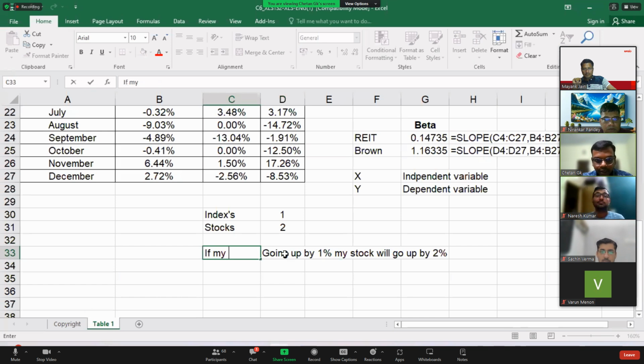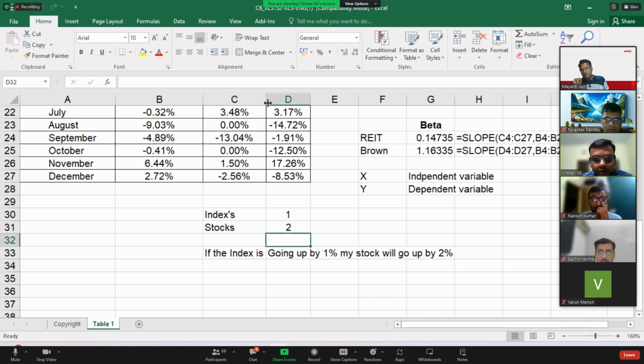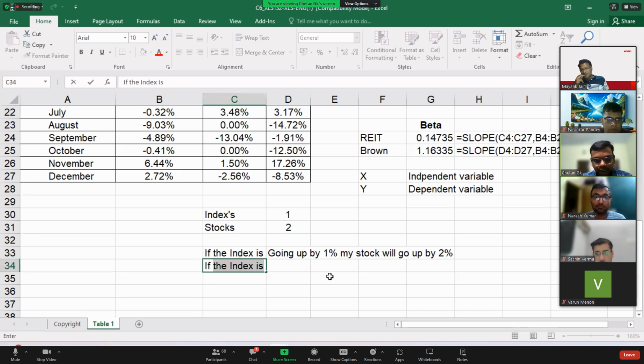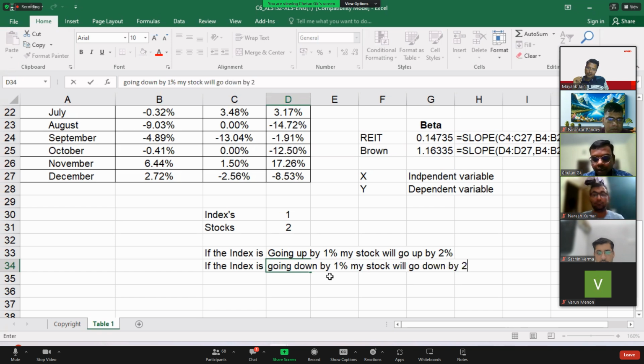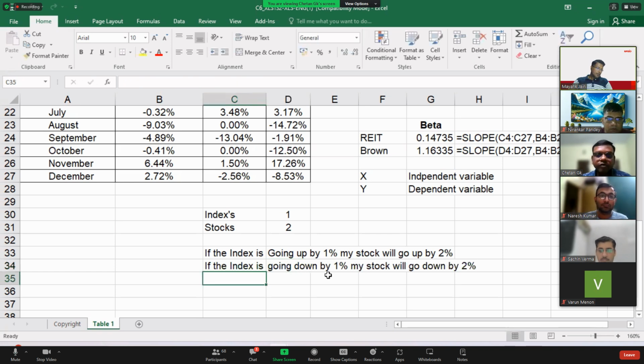The same applies if the index is going down by 1%: my stock will go down by 2%. So this is how we ought to interpret the beta.